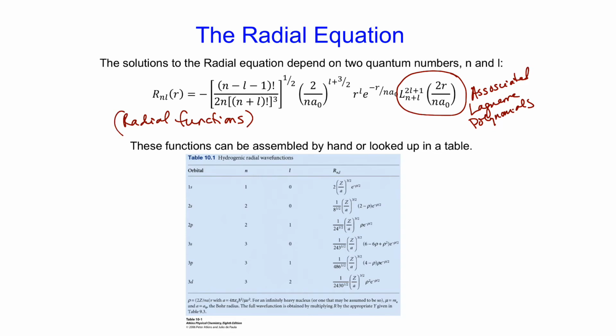Just reminding you here, notice this says hydrogenic, and notice the Z's. These are always going to be applicable to any one electron system. We are focusing on hydrogen for the moment, but this would also be applicable to your helium plus, lithium 2 plus, and so on. So any one electron system, and then you would just put in your corresponding atomic number.